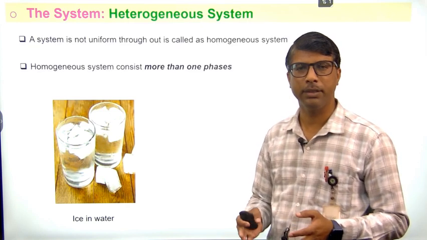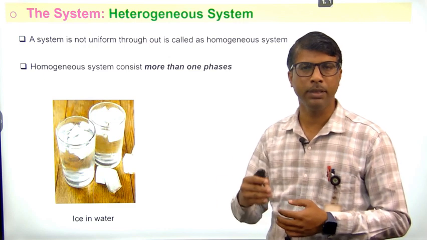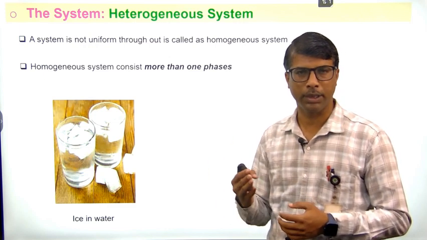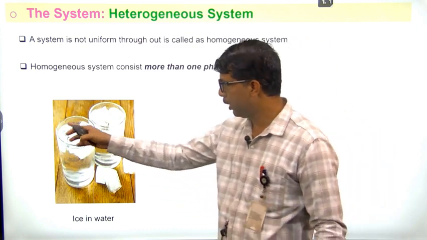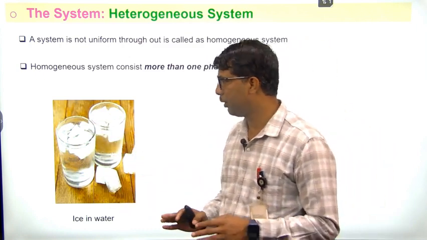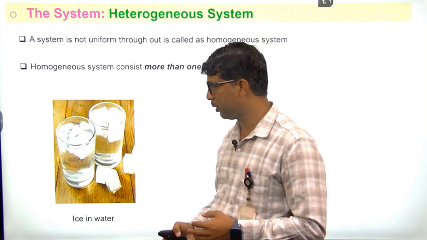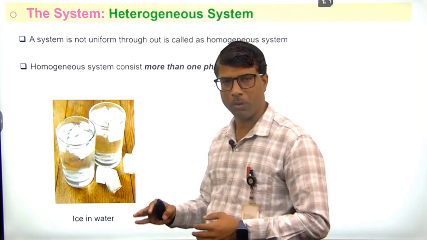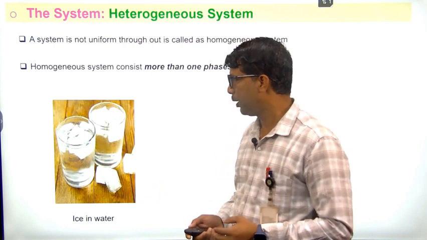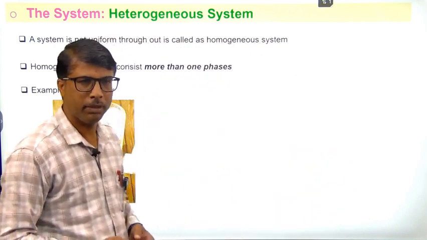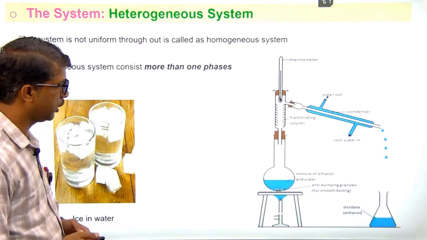When a system contains more than one phase, it is known as a heterogeneous system, and it is not uniform throughout. We have two different phases, not only a single phase throughout the glass. Here is another example of a heterogeneous system, the distillation process.